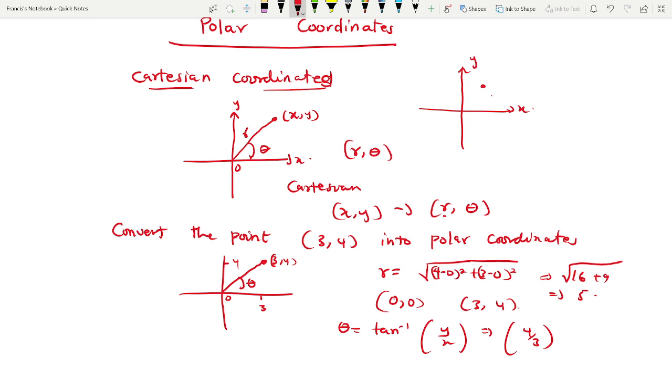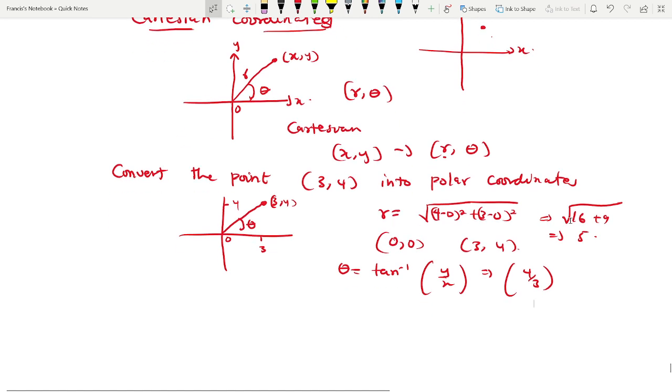So the tan inverse of 4 over 3 gives us the angle theta of our polar coordinates. Tan inverse of 4 over 3 is going to give us 53.13, so theta is equal to 53.13 degrees.